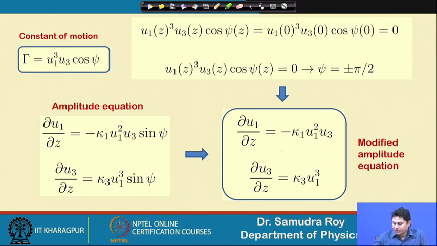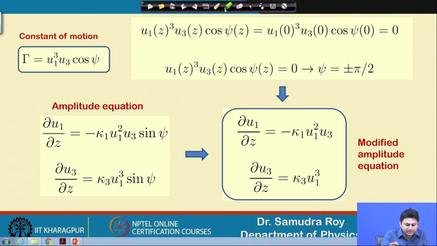The constant of motion, as I mentioned, is one quantity that does not change with respect to z, and that is this. The amplitude equation gives you how the amplitude u1 of the fundamental and amplitude u3 of the third harmonic will evolve.